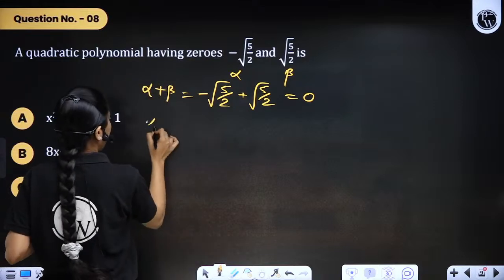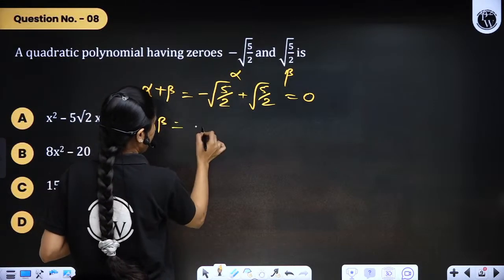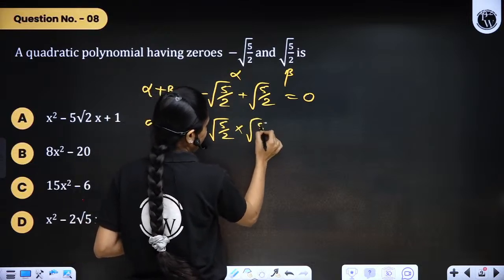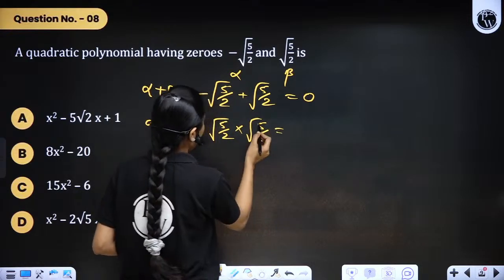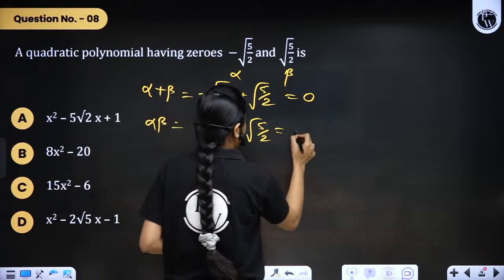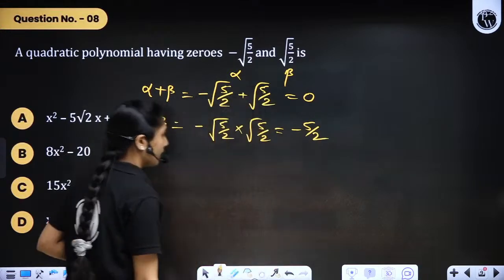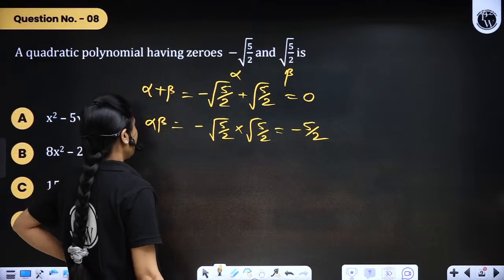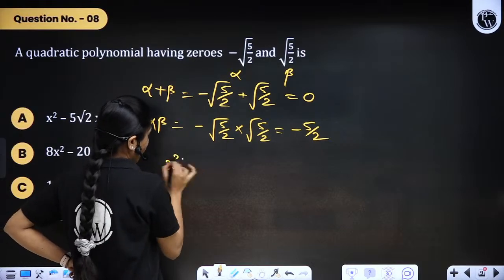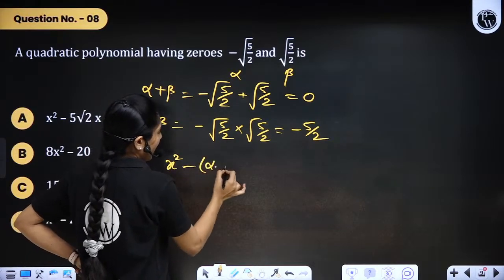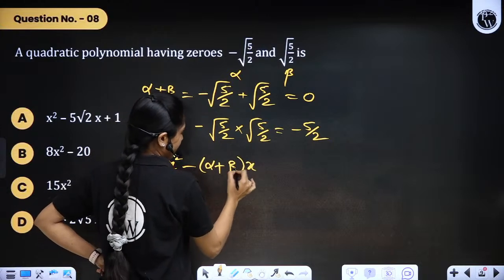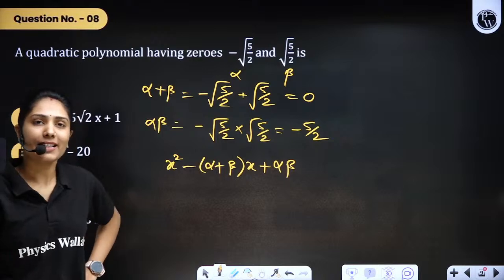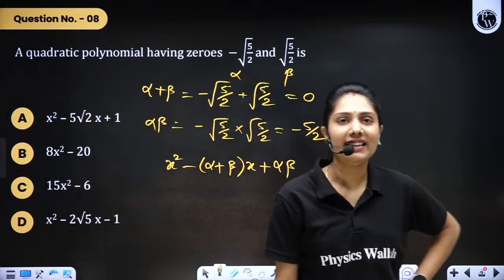Then product of roots, alpha into beta, which is minus of under root of 5 by 2 into under root of 5 by 2, which is equals to, root will get removed and we will be left with minus of 5 by 2. Now the quadratic polynomial that we have is x square minus alpha plus beta x plus alpha into beta. That's the required quadratic polynomial that we have.